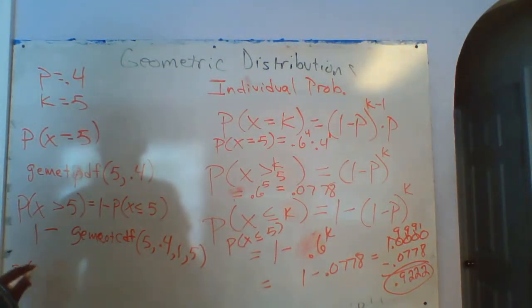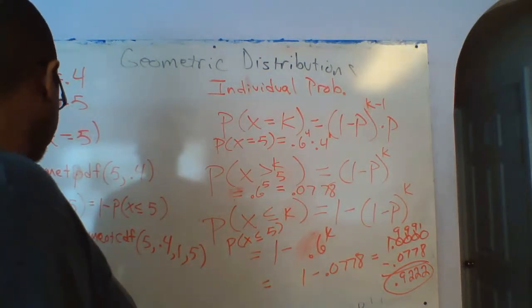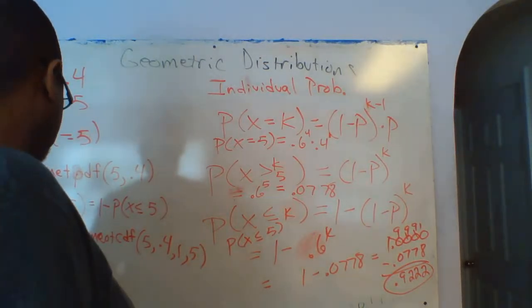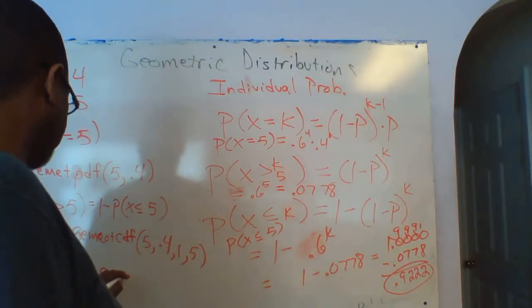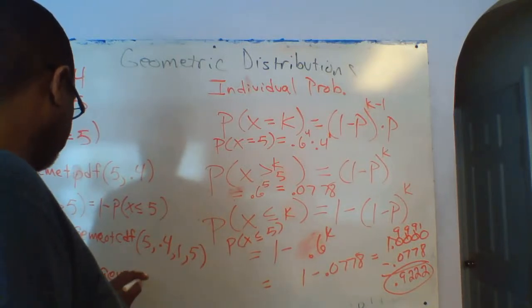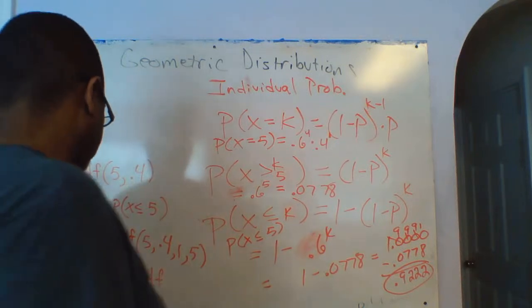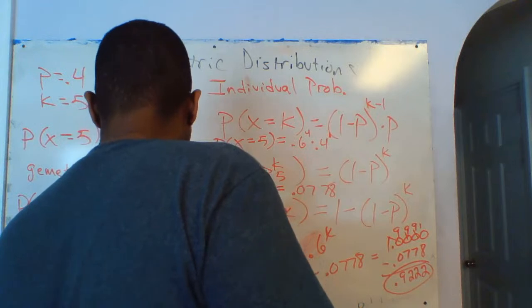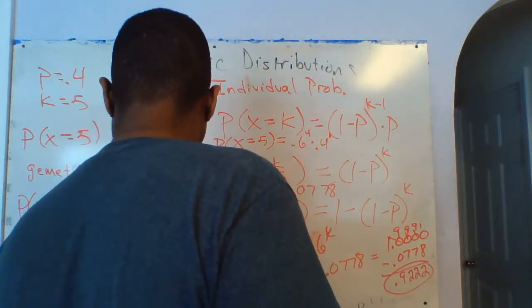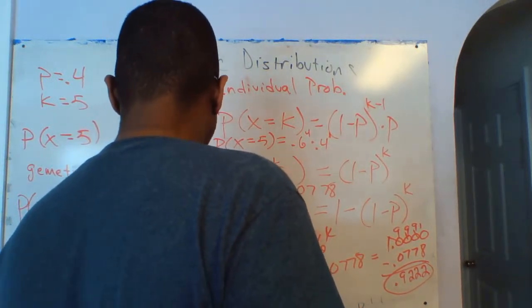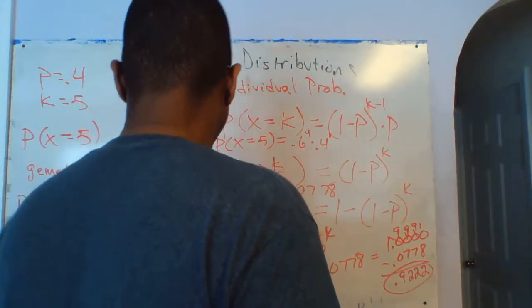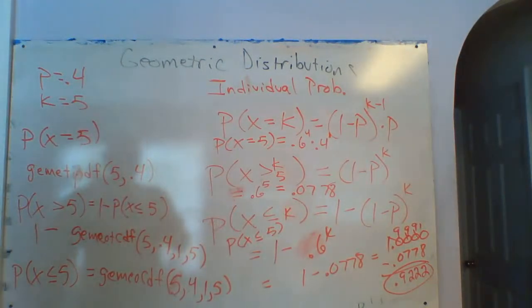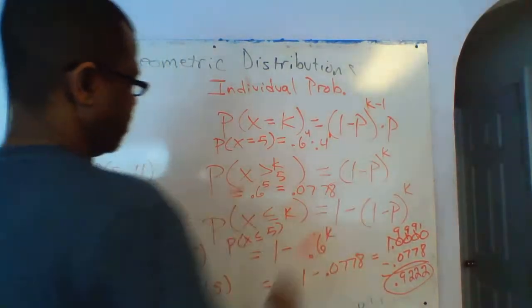If you want to find the probability X is less than or equal to 5, you simply do your geometric CDF, 5, 0.4, 1, 5. And that'll give you those probabilities. It should be exactly the same as these.